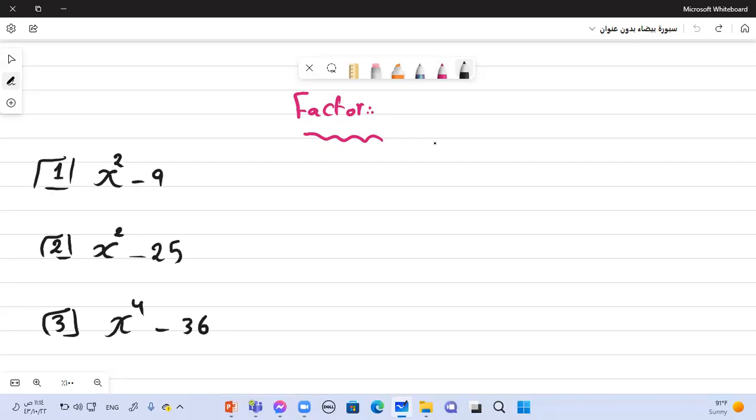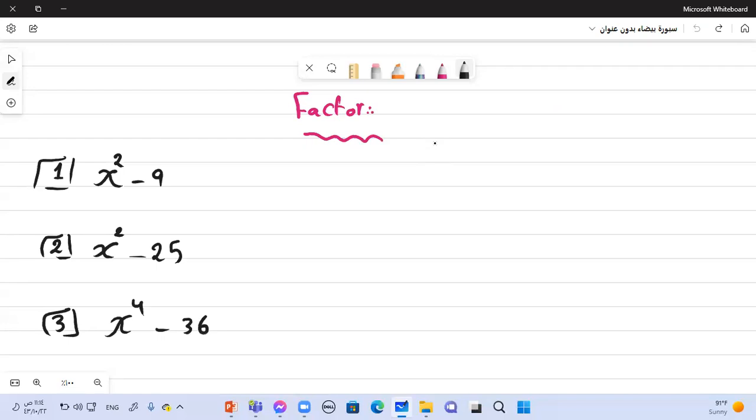We agreed, what is the opposite operation of power? Root. So if we have any expression, the first thing we start factorization with is the special case. The first special case in factorization is the most important special case: the difference between two squares.